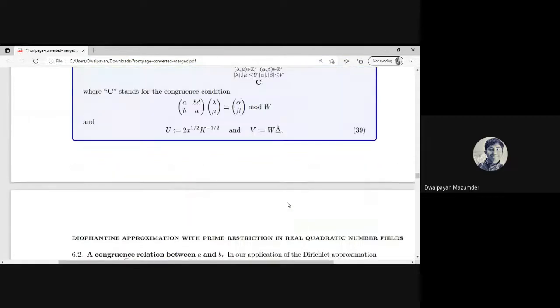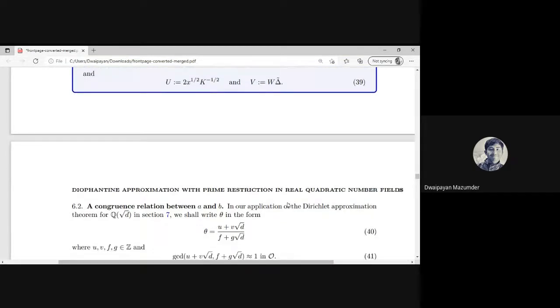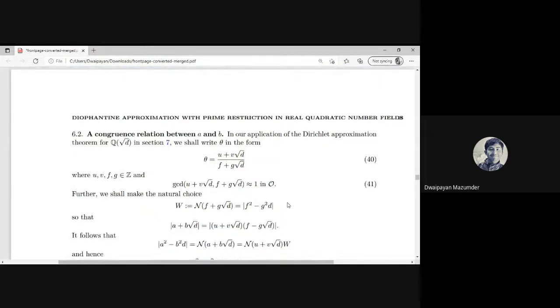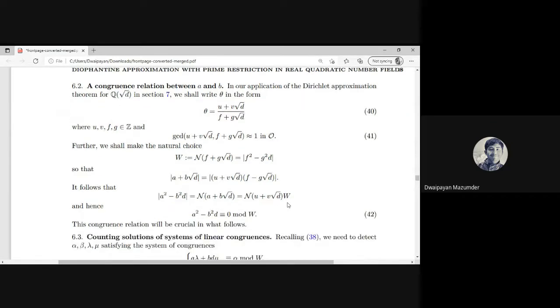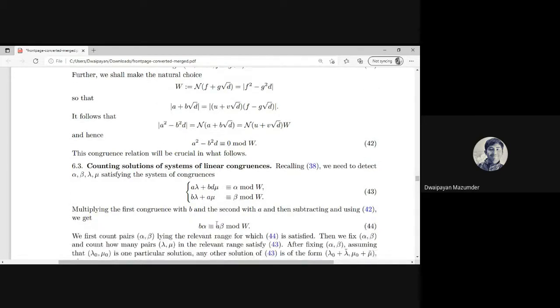So now the important thing is there is an important relation that holds between A and B. If you write down this theta carefully, b plus b squared of t by b plus g squared of t, then you are getting something like that, which is x squared minus b squared t equal to 0 modulo w. And now we are heading towards counting solutions.